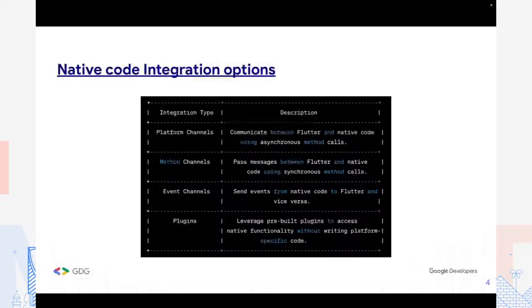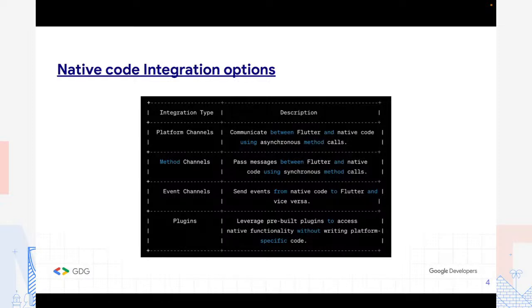We have almost everything in pub.dev, but let's just assume that there is no package in pub.dev to get the device's features. There is one, we all know that, but I'm just giving you an example.